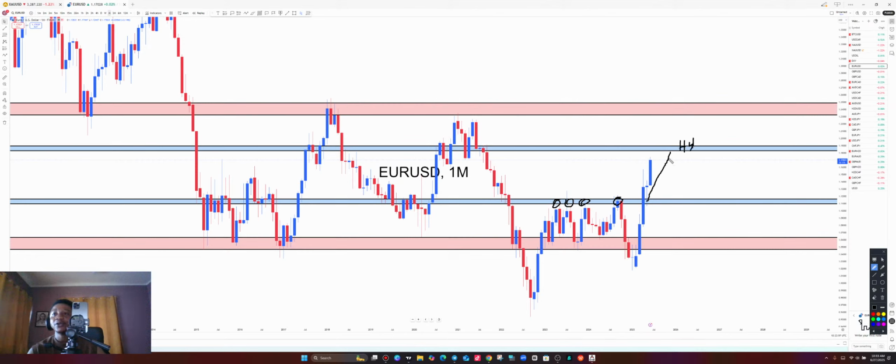Then after the higher high, we can expect a higher low before price continues the move all the way to the upside on EUR USD. But right now, we want to capitalize on the next higher high that is going to form on the monthly time frame. That means that we want to pick entry from here to get to the monthly resistance level to complete the monthly higher high. So how do we pick the buy to a monthly resistance level? Let's find out again as we take it to the weekly time frame for more understanding.